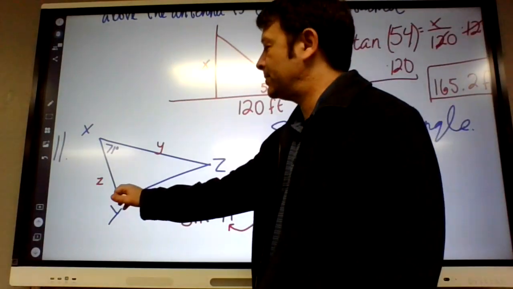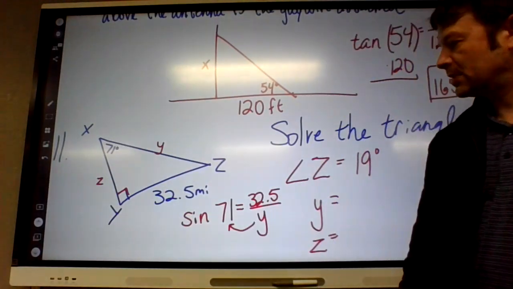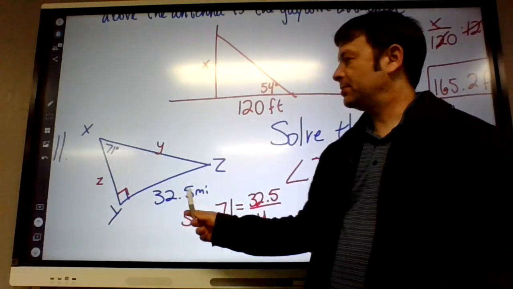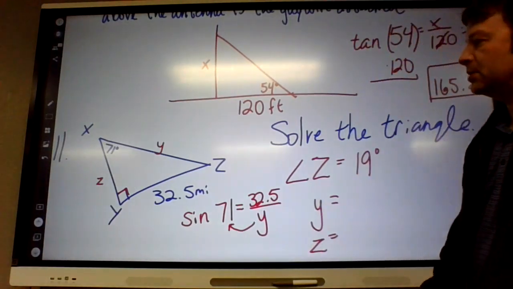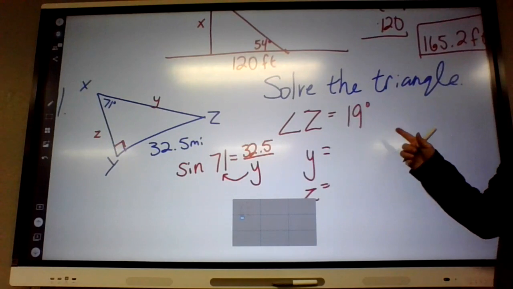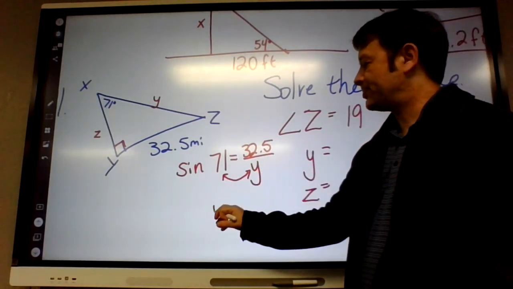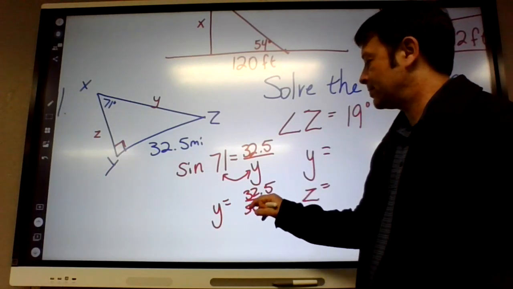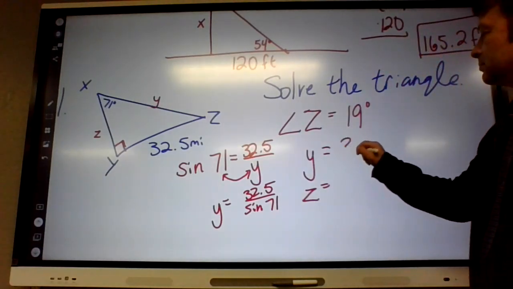Here's the 90-degree angle down here. So that's the hypotenuse. You never use 90 degrees for this angle. We're using 71. When the variable is in the denominator, these two switch spots. So it's 32.5 divided by sine of 71. That's 34.4.